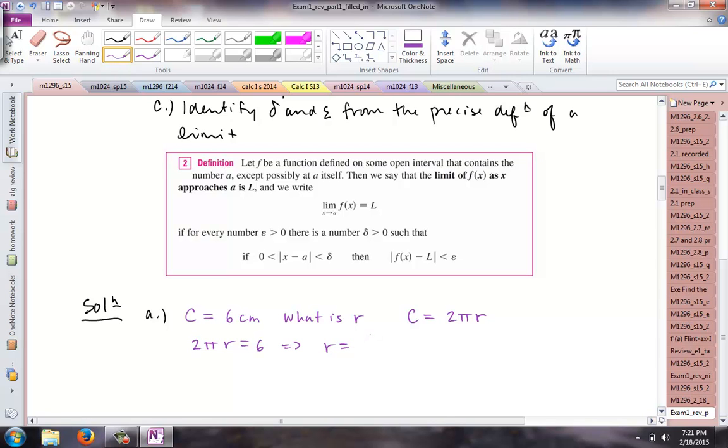We have r is equal to 6 over 2 pi, 3 over pi, and now let's round it off, 0.9549 to 4 places. Questions there?